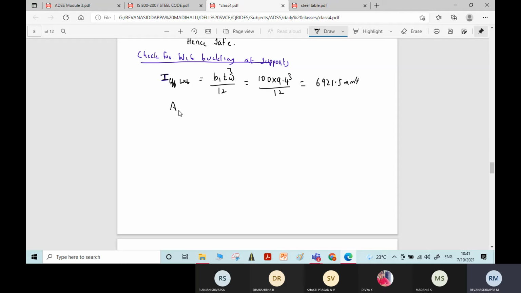And A effective at the web is equal to B1 into tw, 100 into 9.4, equal to 940 mm square. Now you can find the radius of gyration, r minimum, equal to root of I by A, root of 6921.53 divided by 940.